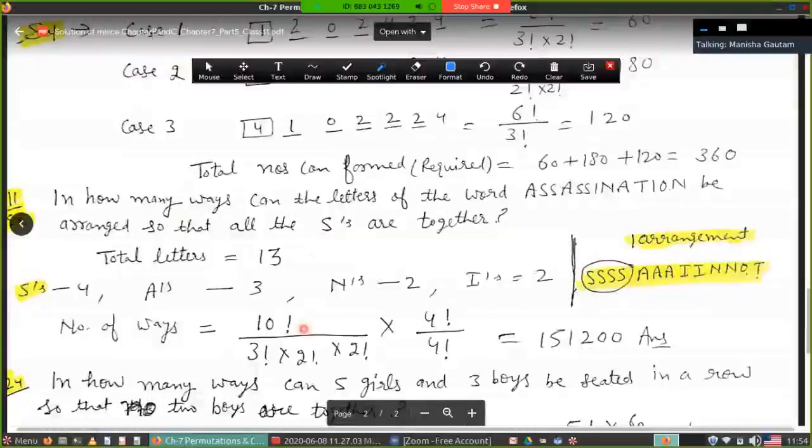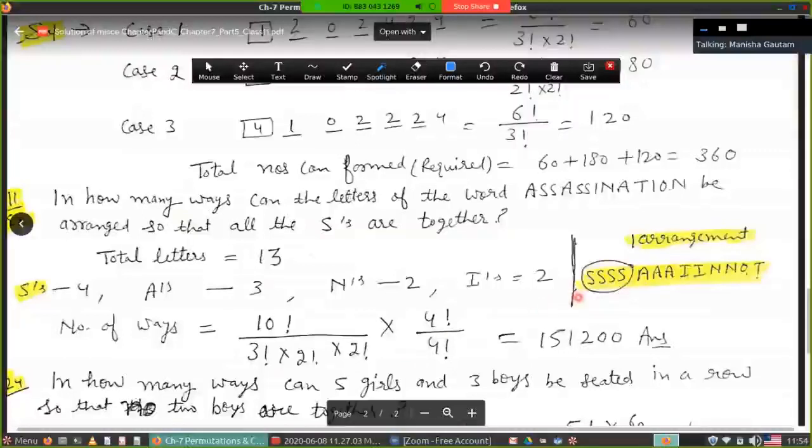Total 10 places you have to fill. This combined form can be shifted to any of the places. So 10 factorial upon repetition of A 3 times, repetition of I 2 times, repetition of N 2 times, divided by 3 factorial, 2 factorial and 2 factorial.